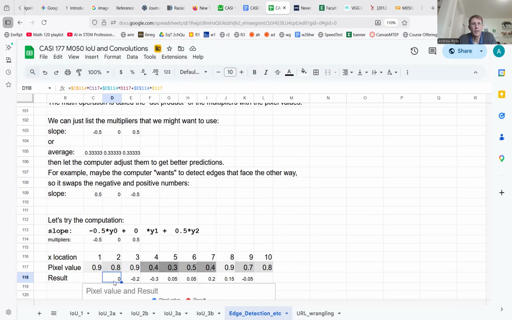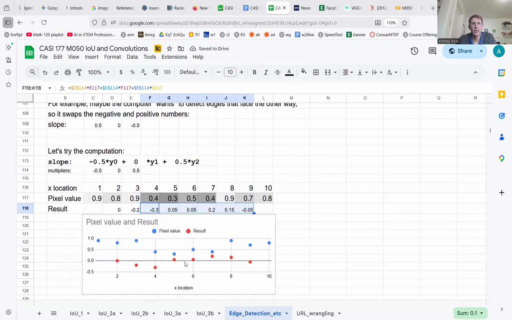The key idea is, there's a little bit of spreadsheet stuff here where I've had to lock my references to the coefficients, to the multipliers. Let me just show here. There's the multiplication. If I copy that and paste it here, now I'm still referring to the same multipliers, but I've started referring to pixels that are one cell over, and then copy and paste, still referring to the same multipliers, but referring to pixels that are one cell over. So I can paste that over here. And this shows the results there.